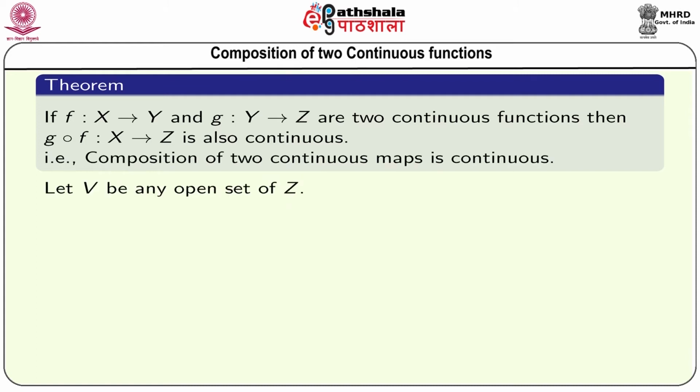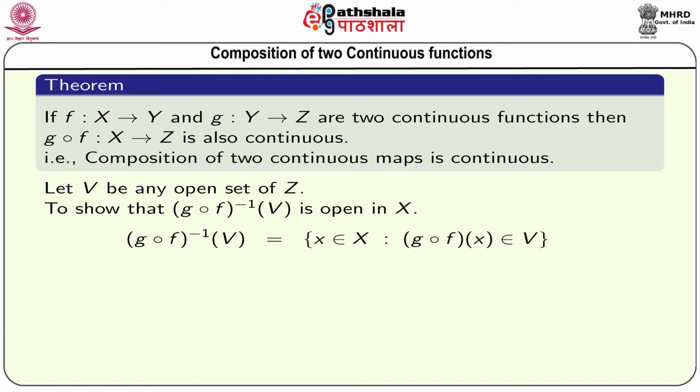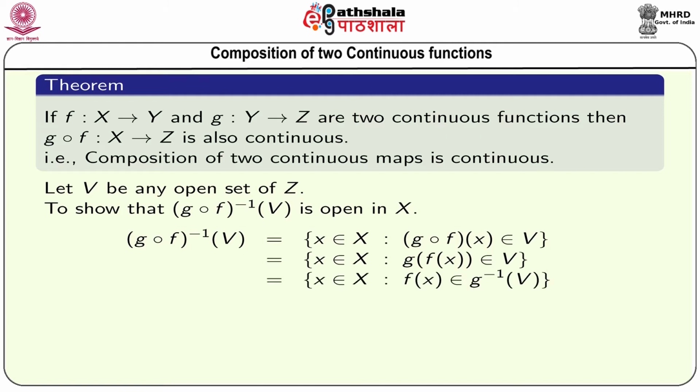Let us take V, an open set from Z. To show that (g composed f) inverse of V is open in X. Now, we see it is just a set theoretic checking that (g composed f) inverse of V is actually equal to f inverse of g inverse of V.